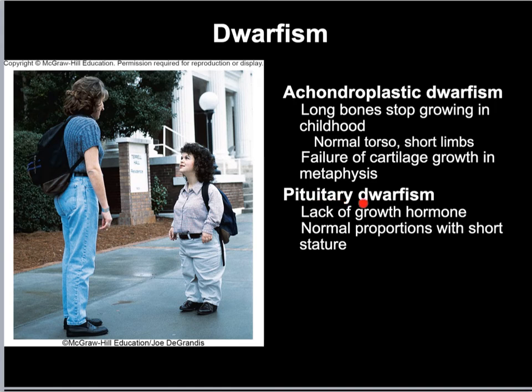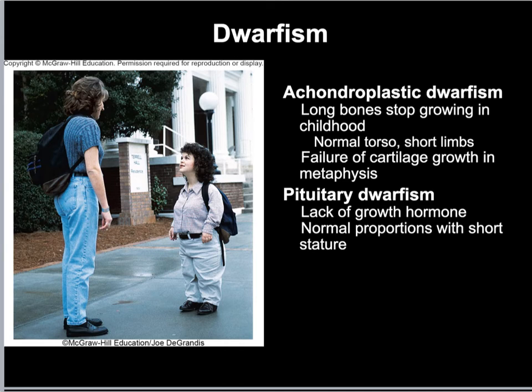Pituitary dwarfism is actually a lack of growth hormone. So we'll talk about this next term, but growth hormone is going to be the hormone that stimulates cell division and cell growth. If you lack enough growth hormone, if you're making too little growth hormone, then all forms of cell growth will be stunted.